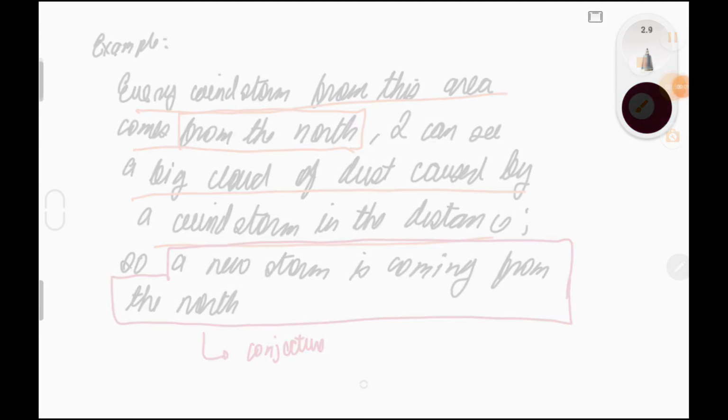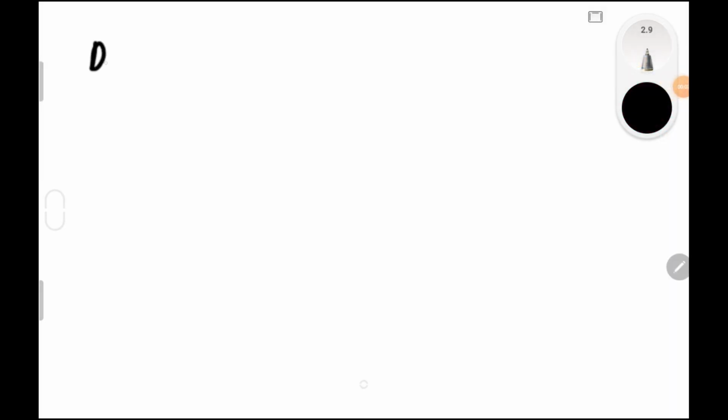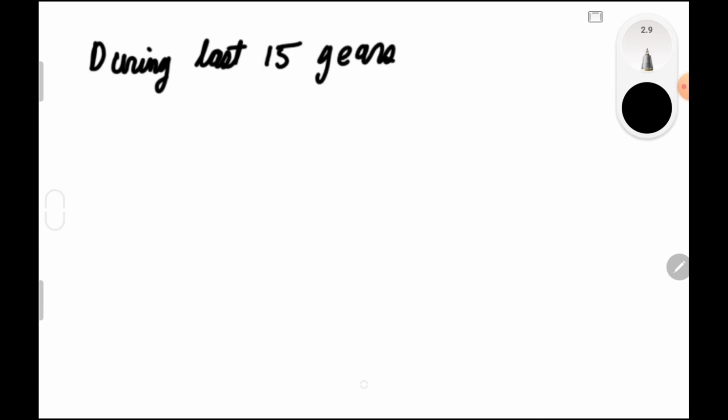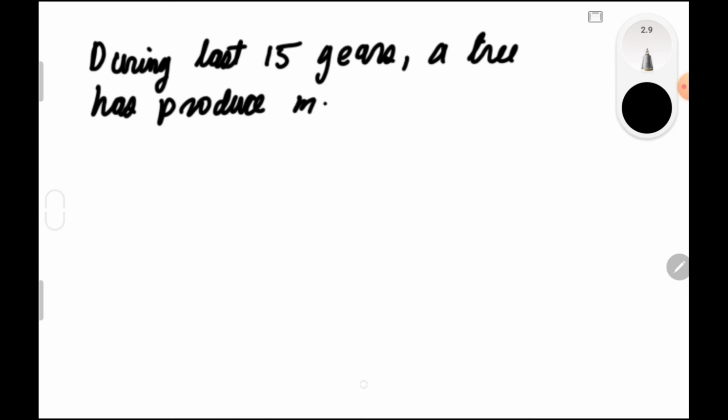For inductive reasoning, we have: during the last 15 years, a tree has produced mango fruits every other year.